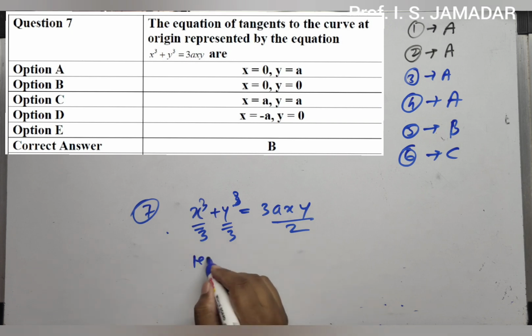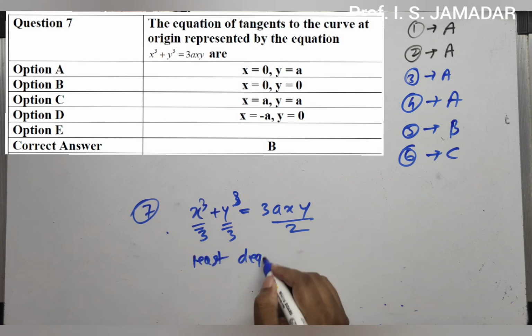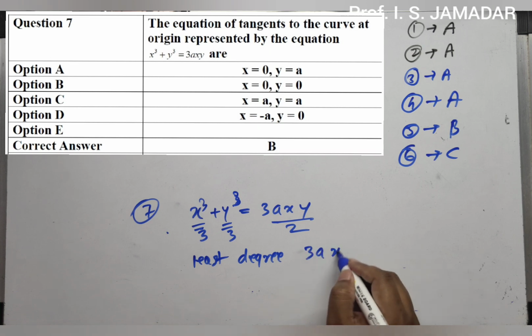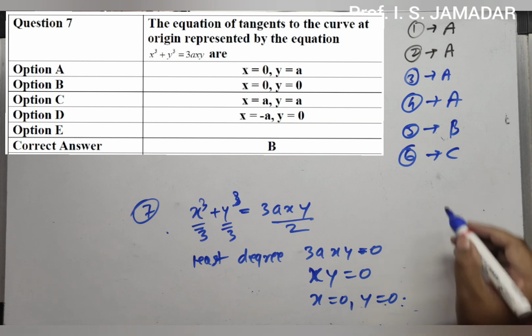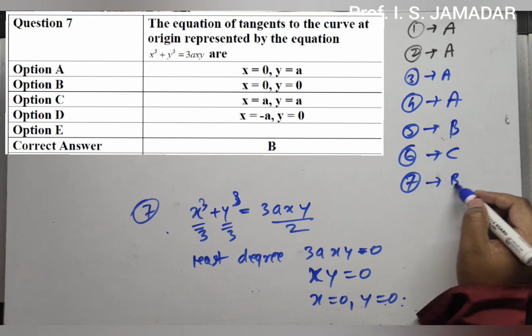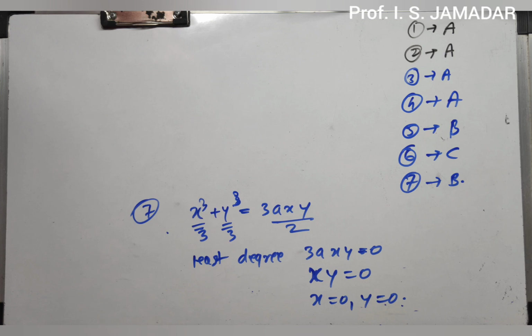So the least degree term is 3axy equal to 0. So that will give you x into y equal to 0, means x equal to 0 and y equal to 0. These are the two tangents at origin for the given curve. Option B. For question number 7, the answer is option B.